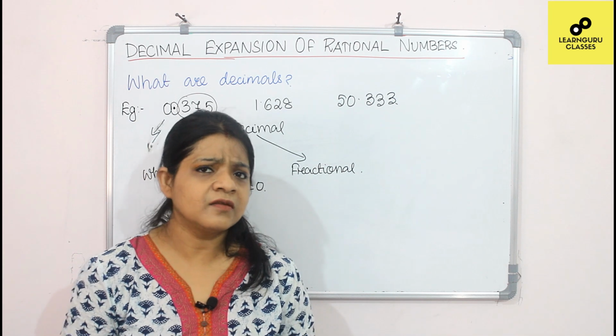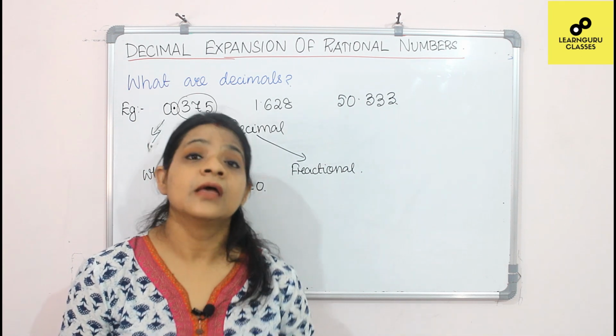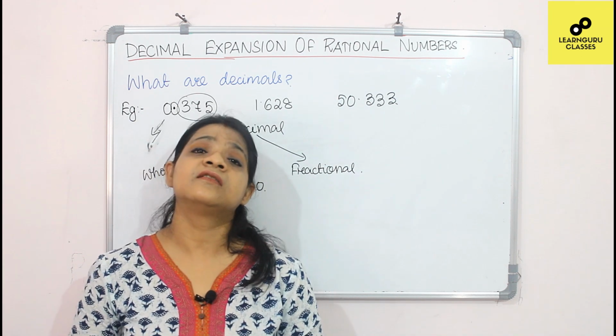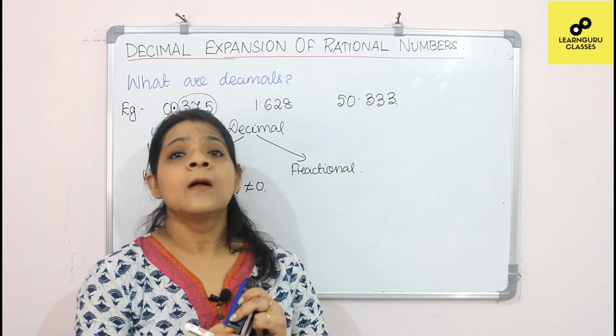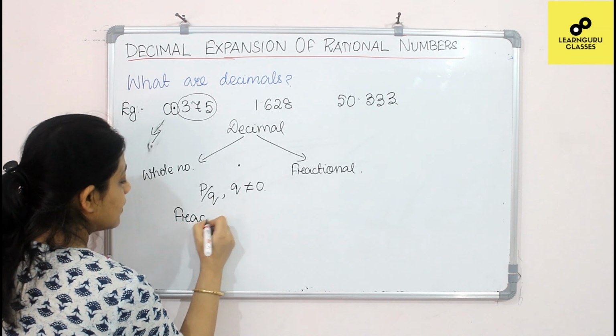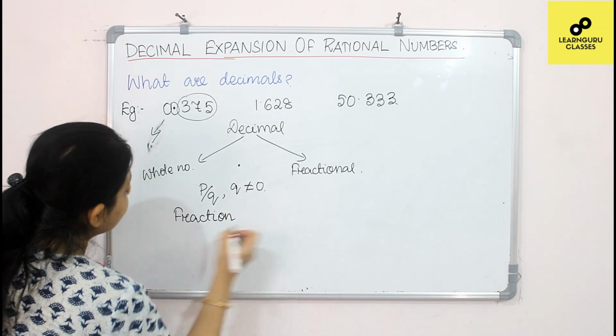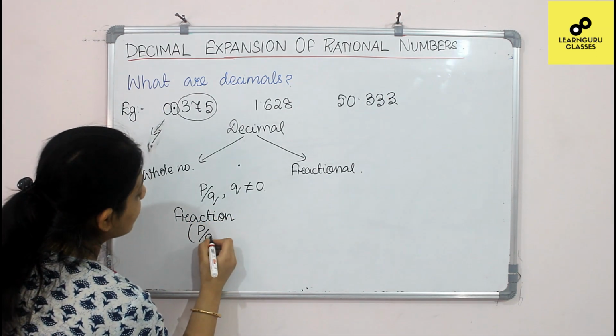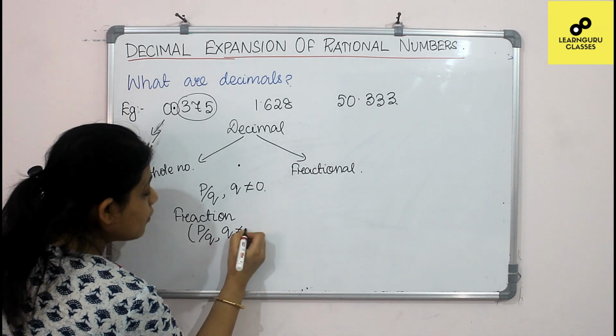So can we say decimal is a rational number? Yes, of course, because a fraction is a rational number, isn't it? A fraction exists in the form of p by q and q is not equal to 0.